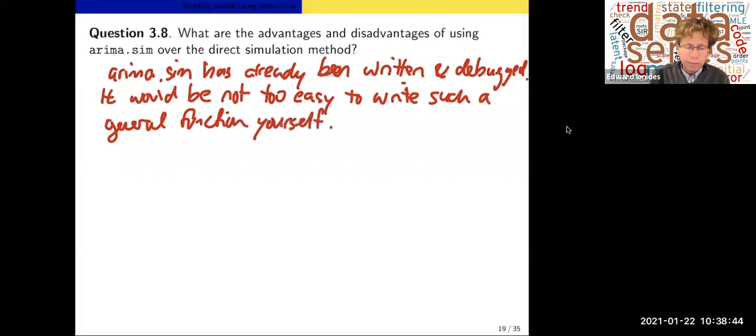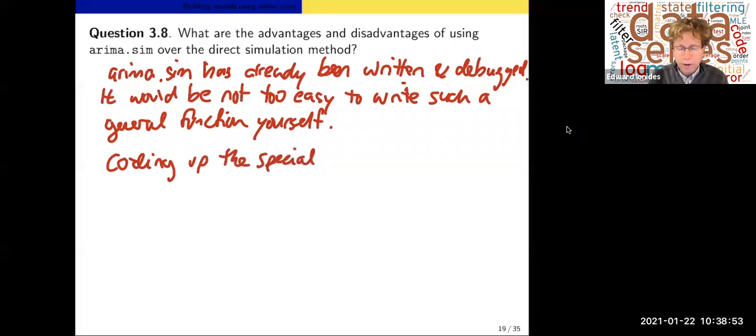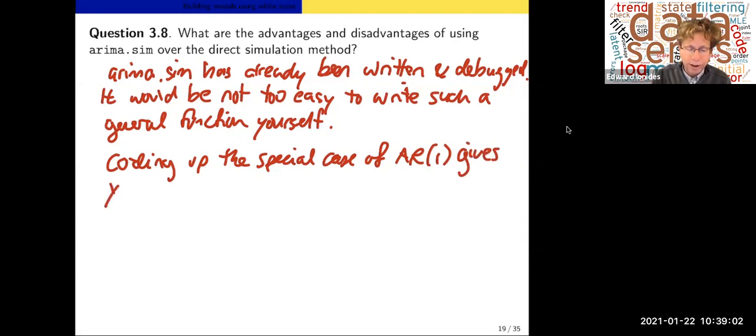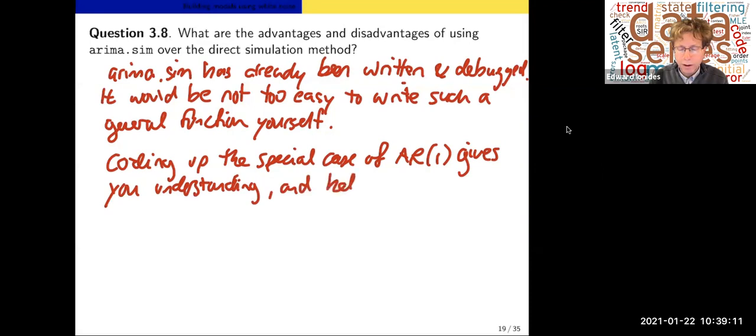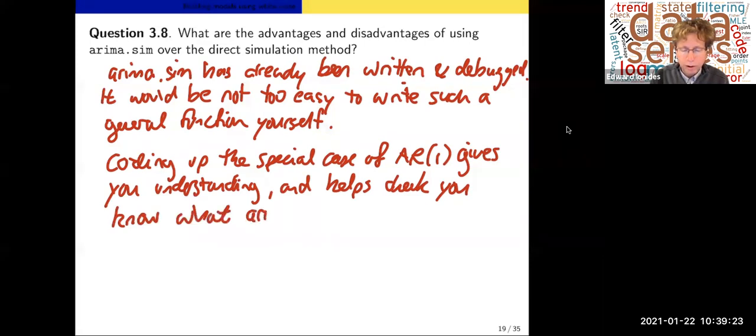Now, coding up the special case of AR1 gives you understanding and helps check you know what arima.sim is doing.